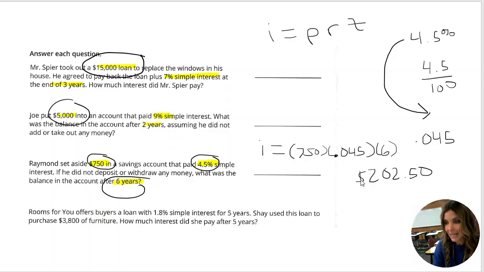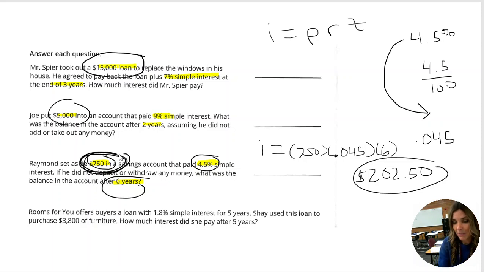We now take this amount of money, we add it to his initial deposit, and that's how much money he's going to have in the bank after 6 years. So $202.50 added to the 750 is going to be $952.50. Okay, let's go ahead and do one more.